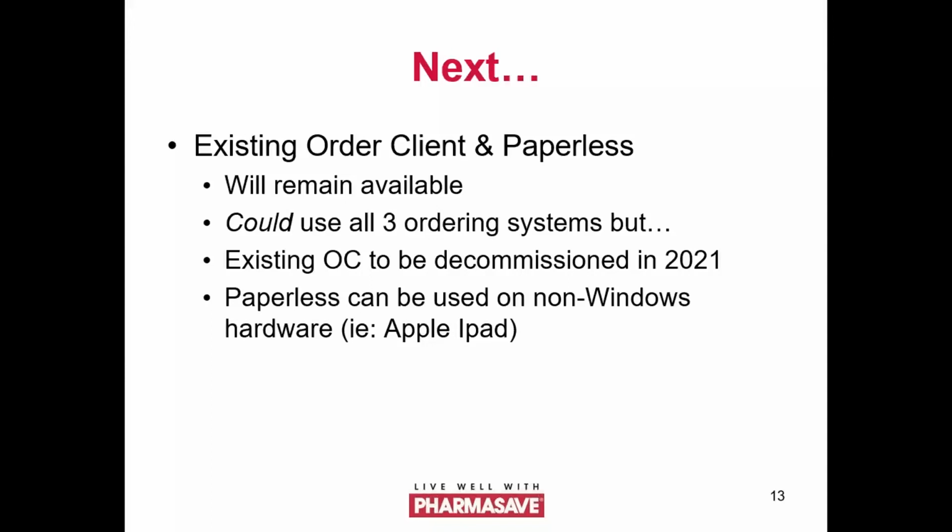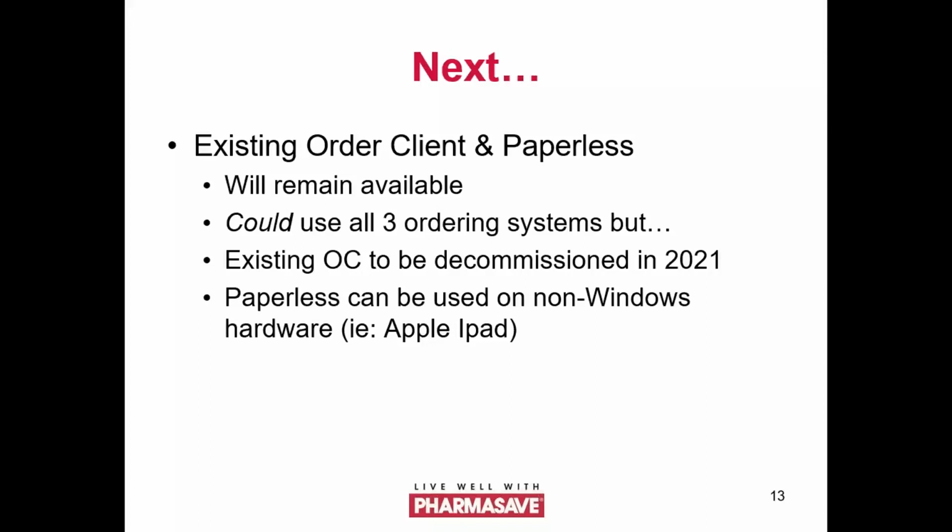When we're ready to do that, we'll work with the regions on that, and that will be dependent on everyone being transitioned over and people ordering from the new order client, hence the reports to be able to track this. I can tell you we're aiming for no later than sometime later in 2021 to decommission the old order client.